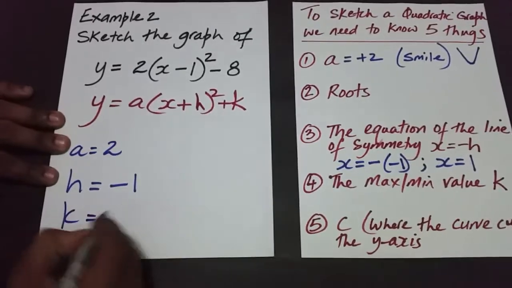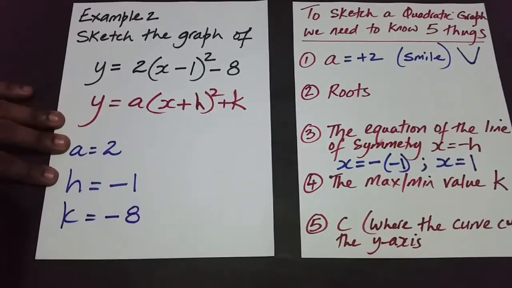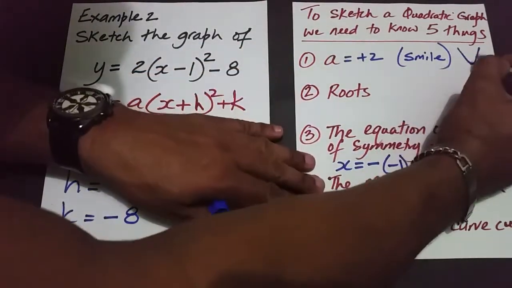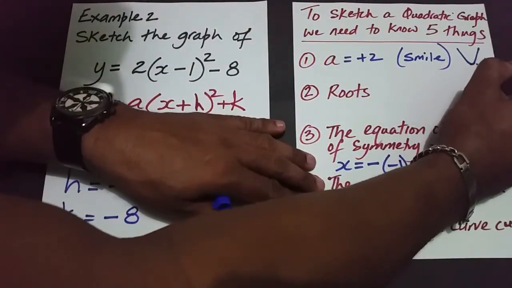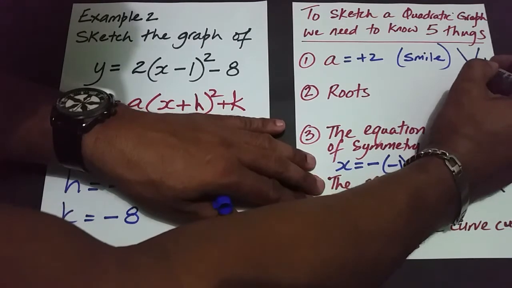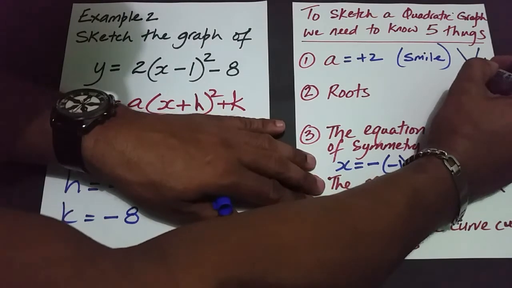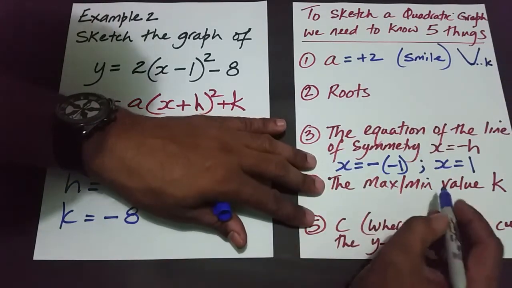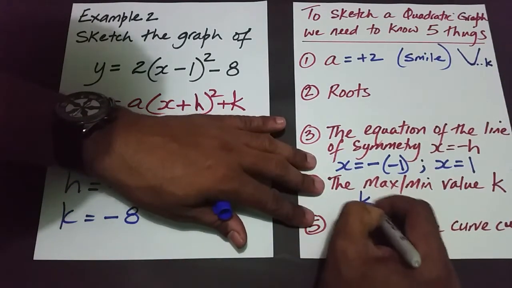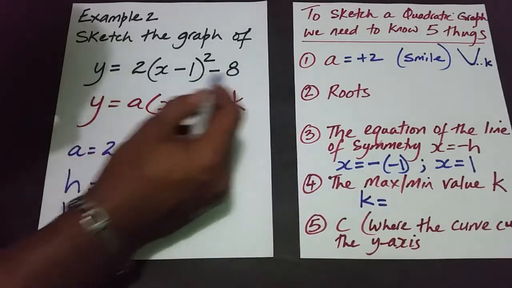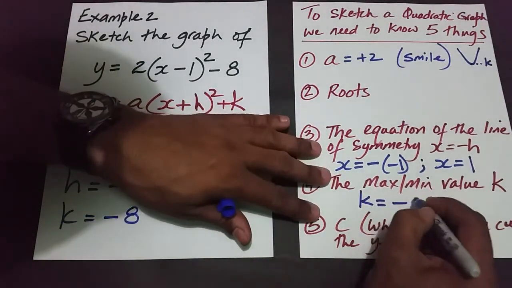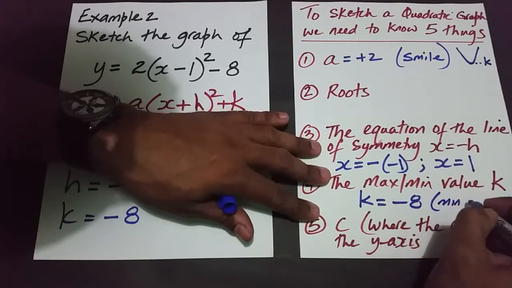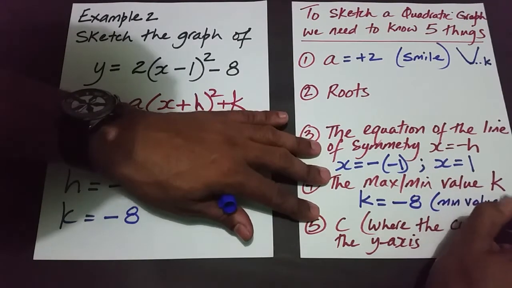Now, because it's a smile, we're going to have a minimum value because this is the lowest point of the curve, the minimum point. So whenever we have a smile, k is going to be the minimum. So the value of k based on this form is -8, and because it's a smile, it's a minimum value.